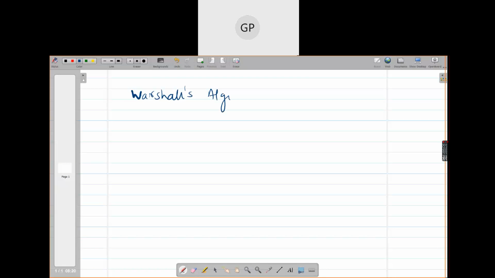Warshall's algorithm. The topic is transitive closure. Basically, what is transitive closure? And then we have to find out the transitive closure using Warshall's algorithm. So these two topics I'm leaving for time being. Is that okay? Please write it down in your notebook.